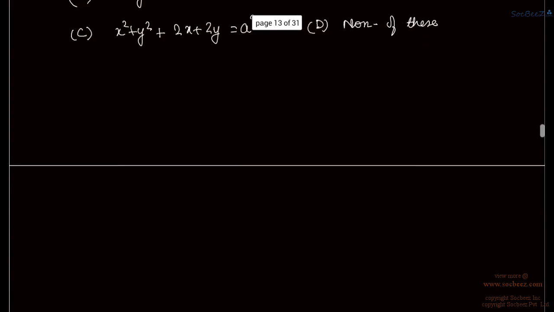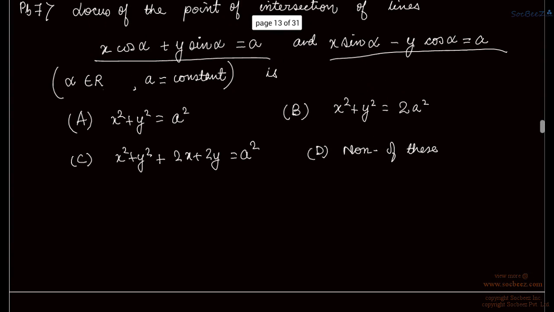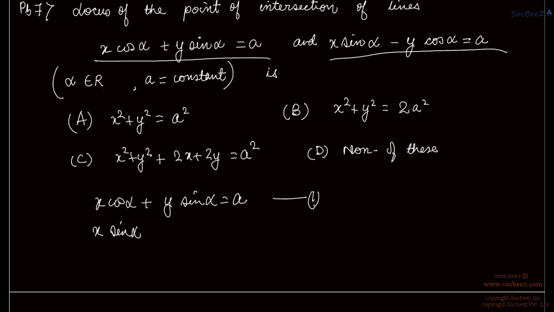This is the concept here. So we have the line x cos alpha plus y sin alpha is equal to a, this is equation 1, and x sin alpha minus y cos alpha is equal to a, this is equation 2.